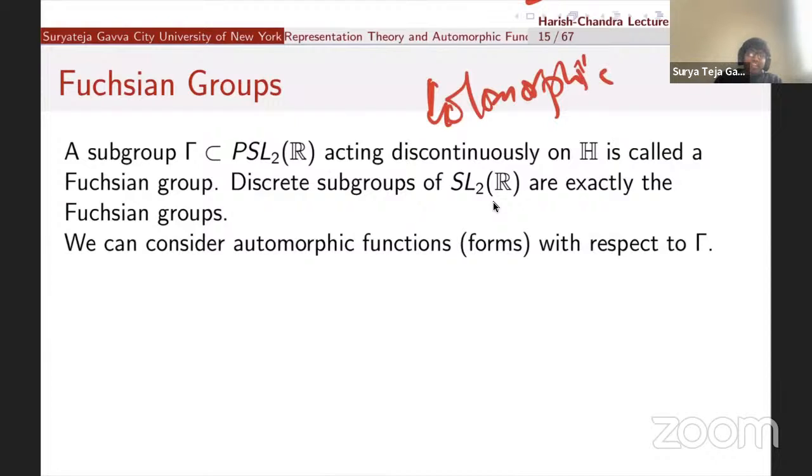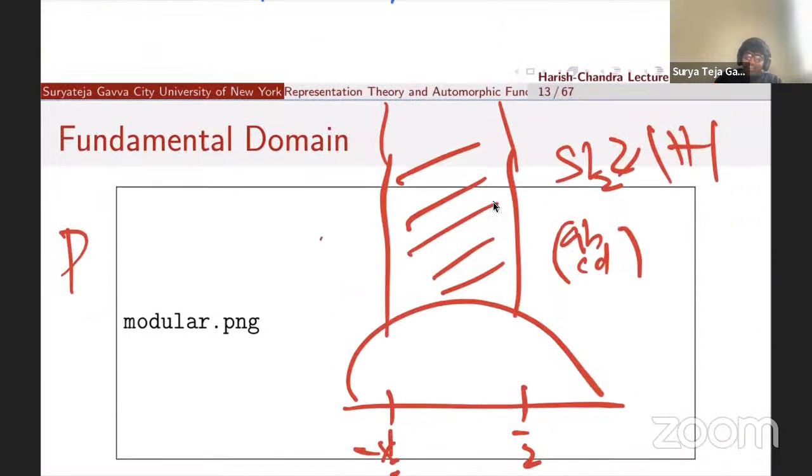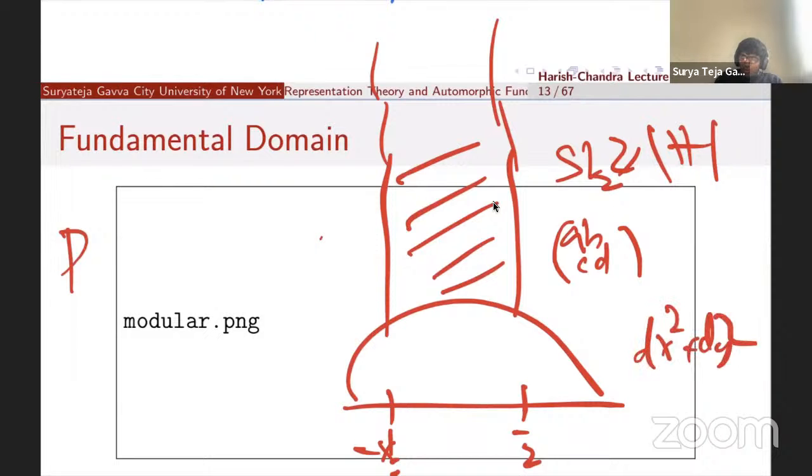But now we can ask for more general settings instead of SL2(Z). The nice thing about SL2(Z) is that this space H mod gamma, this fundamental domain, has finite volume. It looks like it's infinite, like it's extending, a big cylinder kind of thing, but the metric is dx squared plus dy squared over y squared.